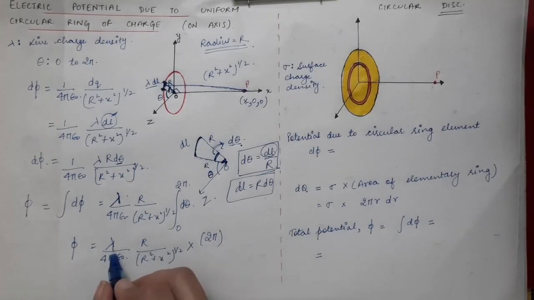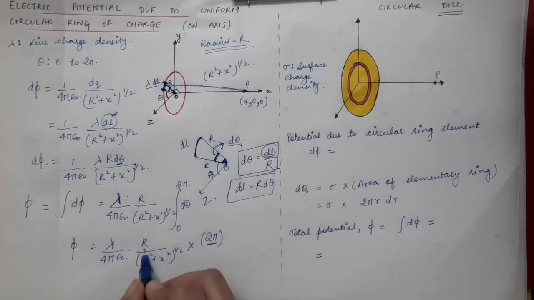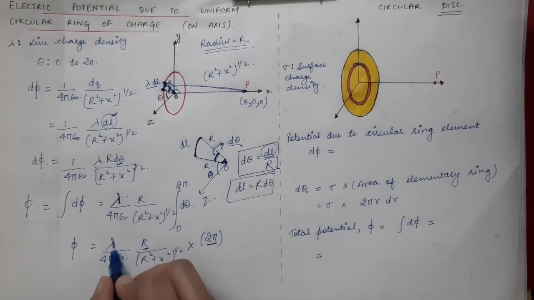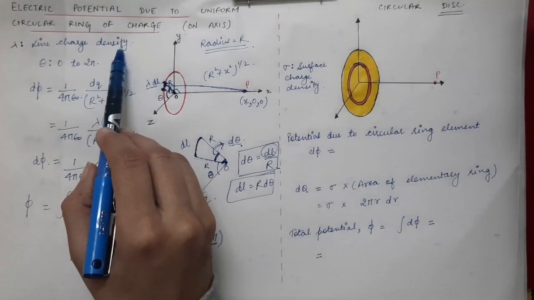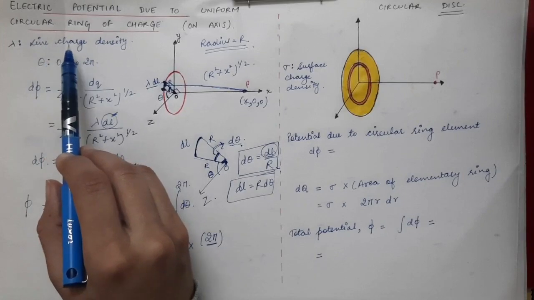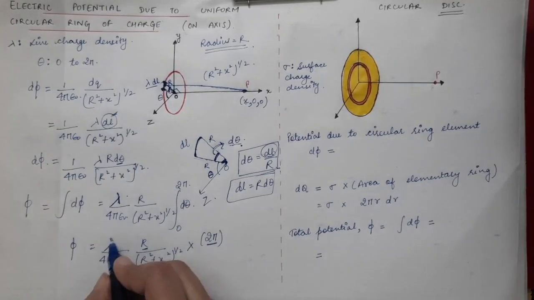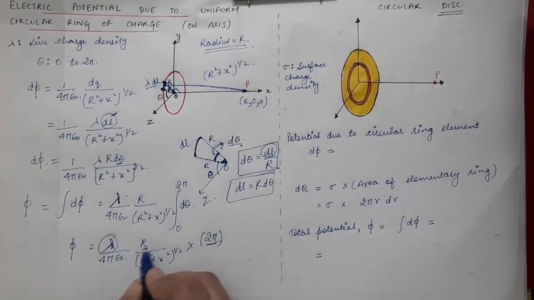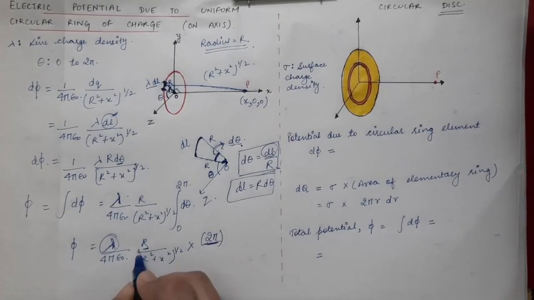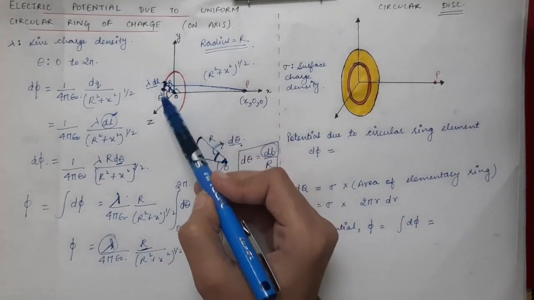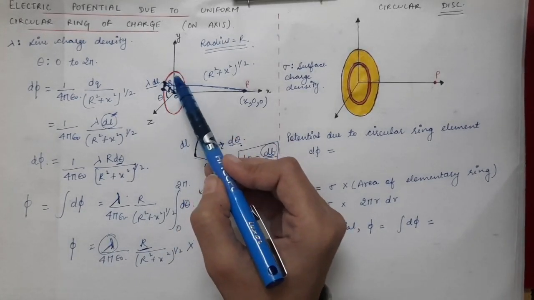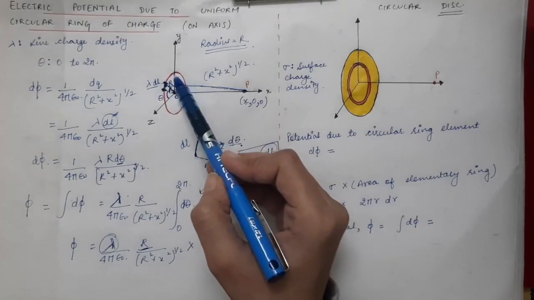Now over here we have lambda into 2 pi into capital R. Lambda is the line charge density, the charge present in unit length. And when you multiply lambda with 2 pi r, what is 2 pi r? It is nothing but the circumference of this circle, that is, the total length of this circle.